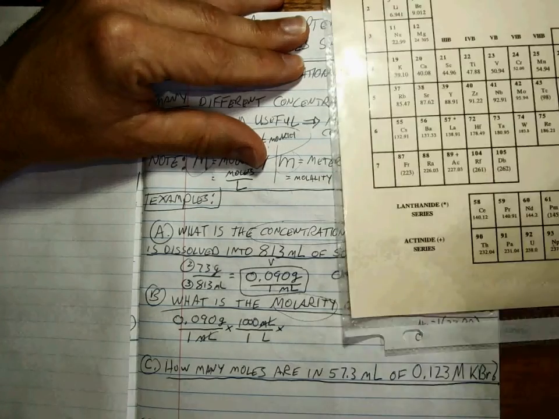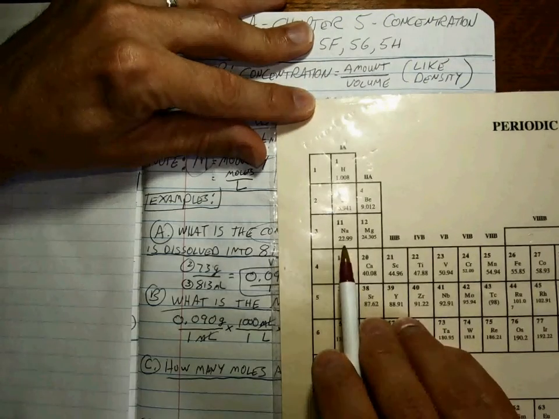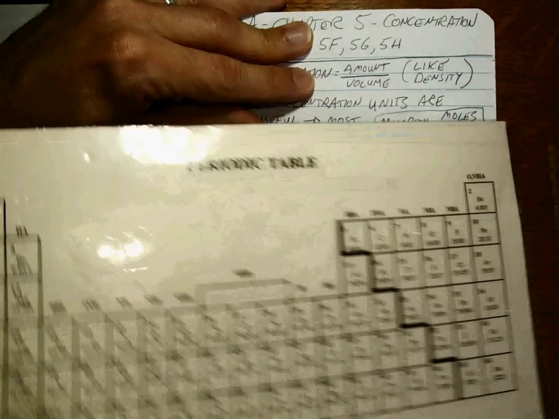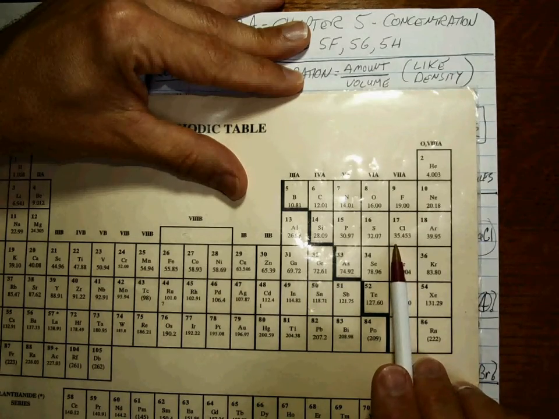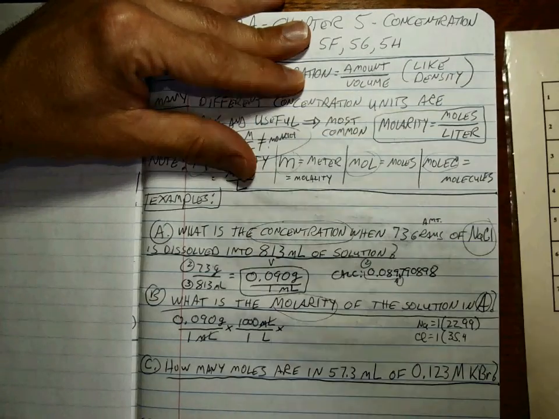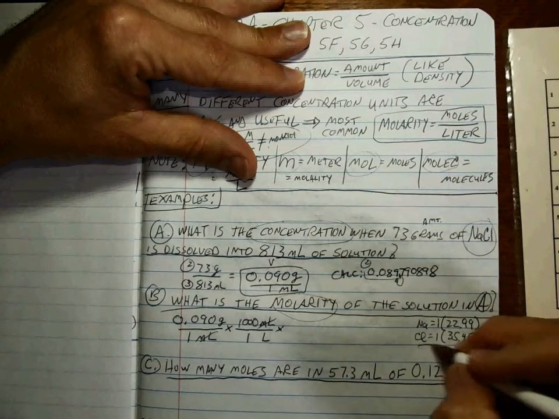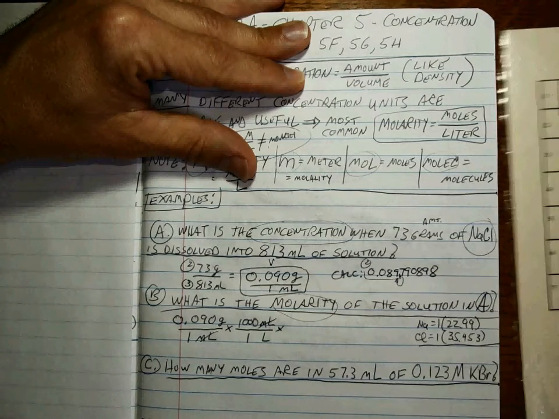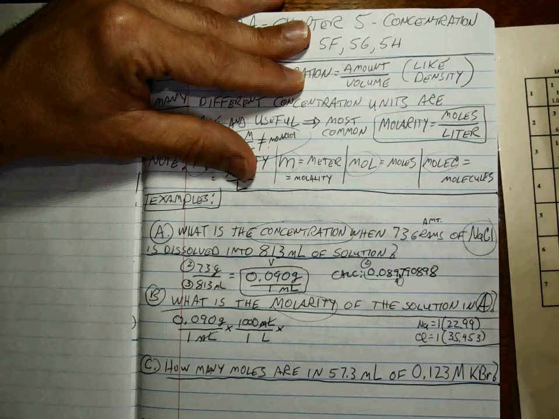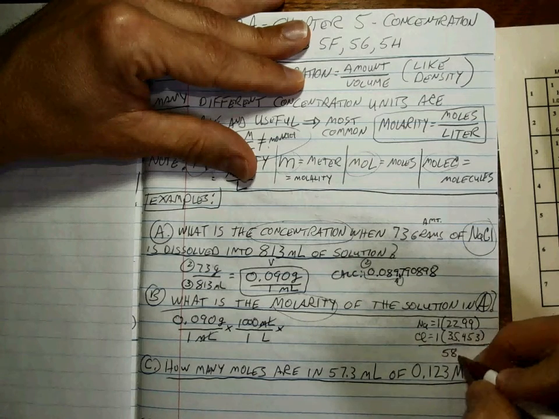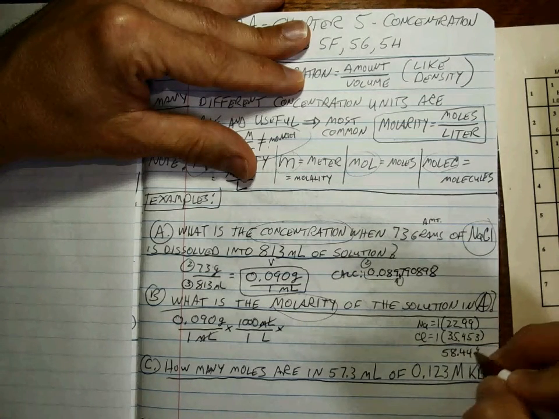Let's see what it is. I don't want to mix them up. And there's the sodium, 22.99. Chlorine is 35.453 grams per mole. Alright, so when I add those up to get the molar mass of the sodium chloride, I get 58.44 grams per mole.